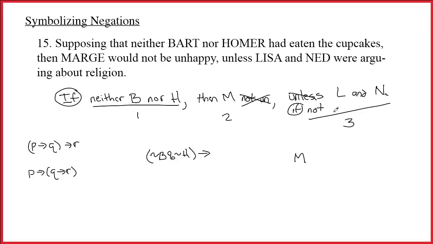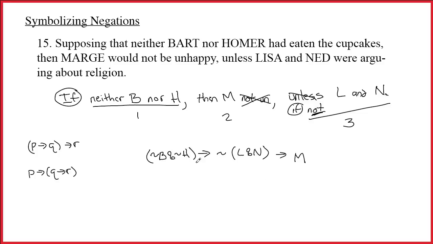The next one is if not L and N. This is the sort of complex negation that people do make mistakes on. But if we remember the pattern from just a couple of screens back, not L and N, that's a single tilde, and so since it's after if, we can just say that's got to be not L and N, and then it's arrow M.